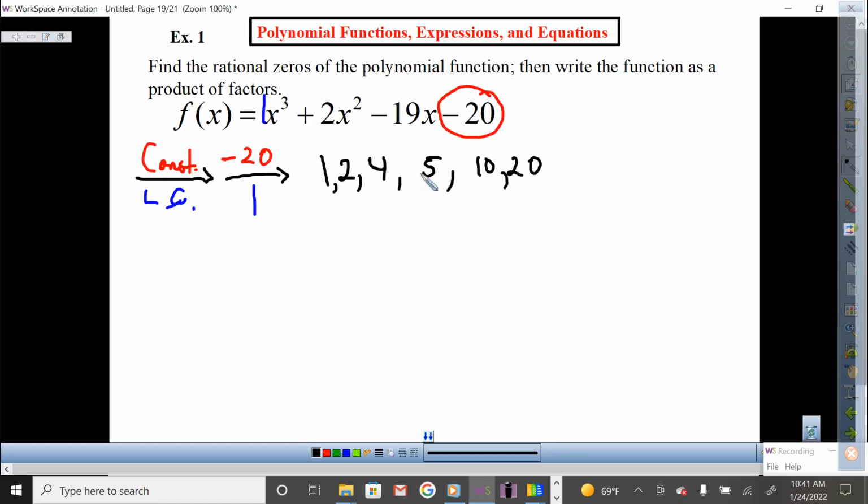So, 1 times 20, 2 times 10, 4 times 5, and then they repeat the other way around, okay? And put a plus and a minus. We good up to right there?